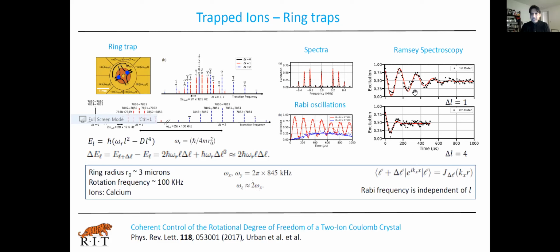So what do I mean by that? This is the oscillations shown by a superposition of 7850 and 7851, I believe, because delta L is plus 1. And then these are the oscillations shown by a superposition of 7850, 7851, 7852, and 7853, okay?